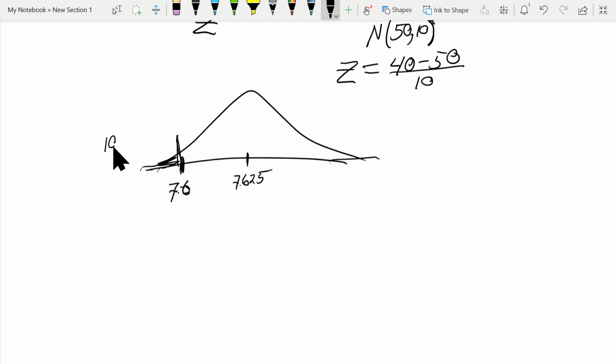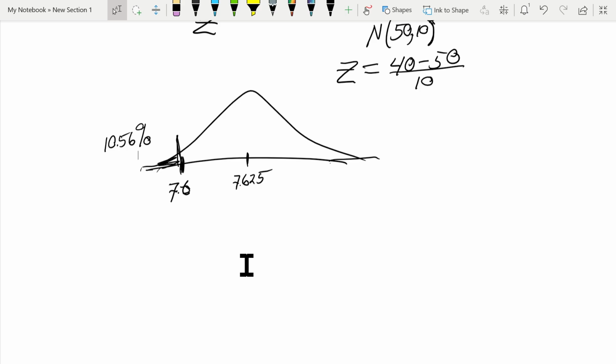is 10.56%, about 11%. Comes from the left. What if I want to know how much is above 7.6? Subtract it from 1. It's the other side. This is just like the binomial, except the binomial, if I said exactly 3, I get an actual probability.